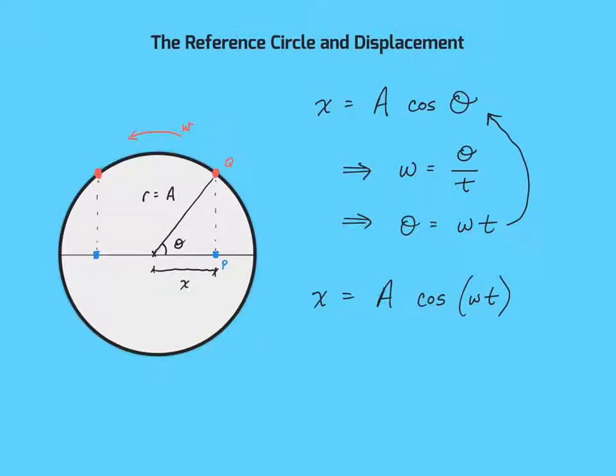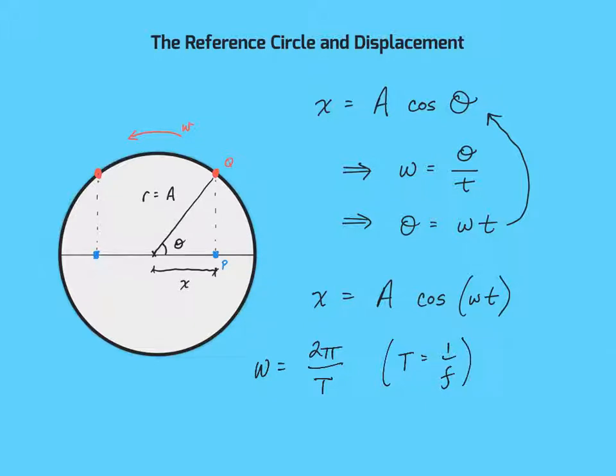So we could rewrite this equation up here as omega is equal to 2 pi over T, where T is the period. Because remember, period is the time it takes for one full cycle or one full oscillation. Now, extending that out even further, we know that T is the inverse of frequency.